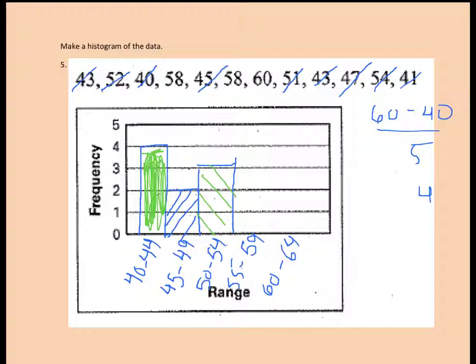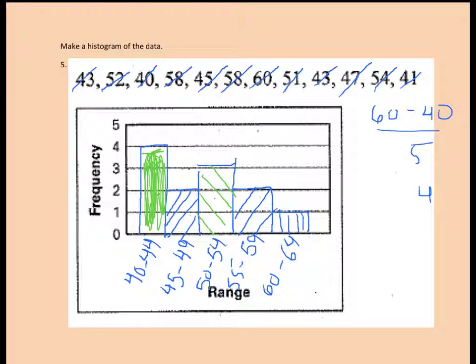Okay. 55 to 59. 1, 2. And 60 to 64, 1. So let's see, I had 4, 6, 9, 11, 12. Let's count up here. 1, 2, 3, 4, 5, 6, 7, 8, 9, 10, 11, 12. So we did it correct.